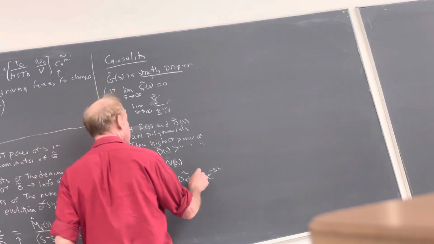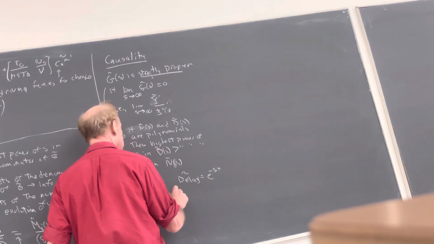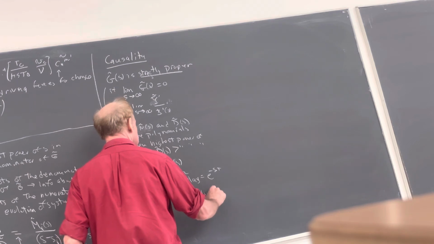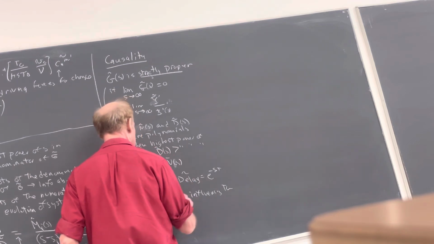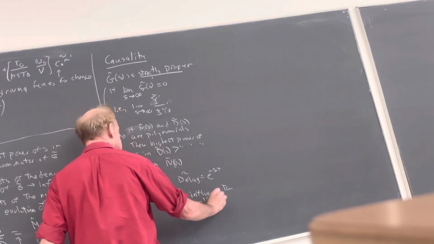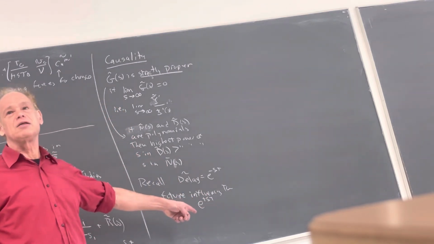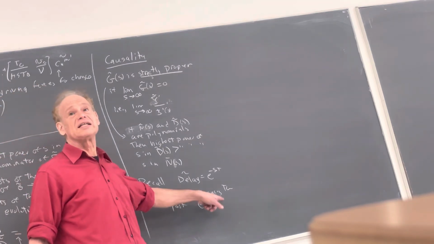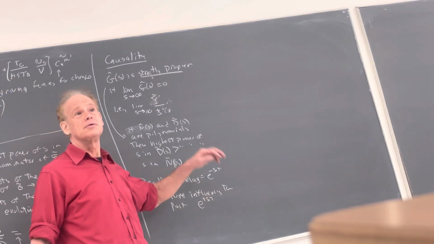So the future influencing the past would mean I would need an e to the plus st. So I can't have e to the plus st in the numerator. And this would give me lots of powers of s in the numerator. I can't have that.